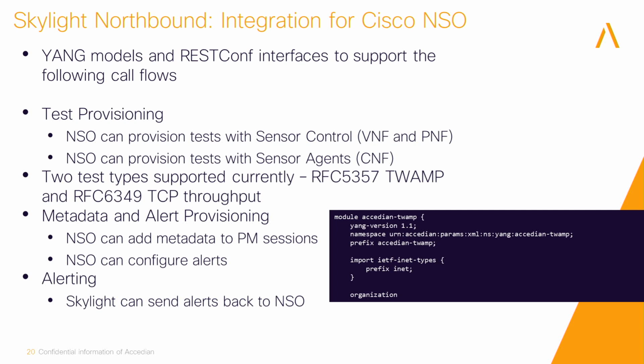And NSO can also, this is an important thing, add metadata both to the test and the sessions as well as to the agents. And this metadata is important because that's what you use to correlate things together. You can have metadata tags for geolocation. You can have metadata tags that tell you which region it is, which type of device you're testing, and so on.